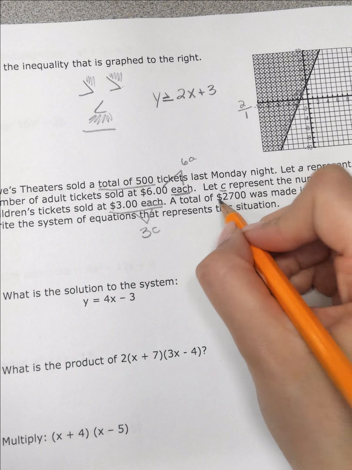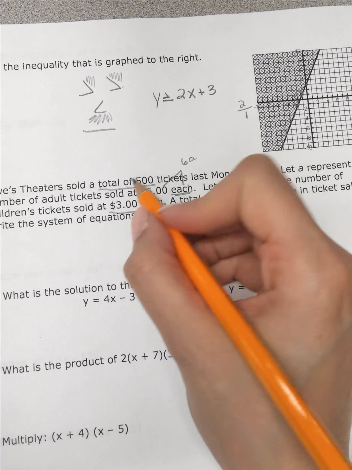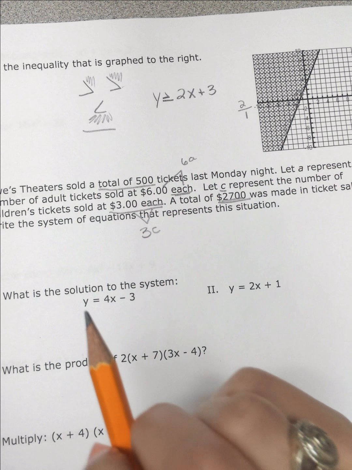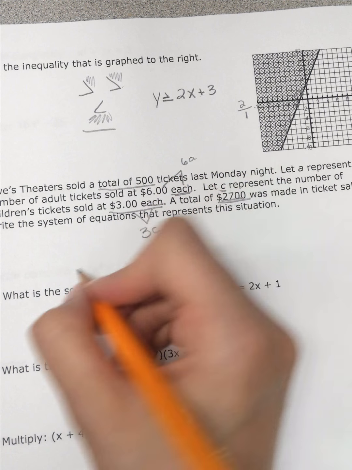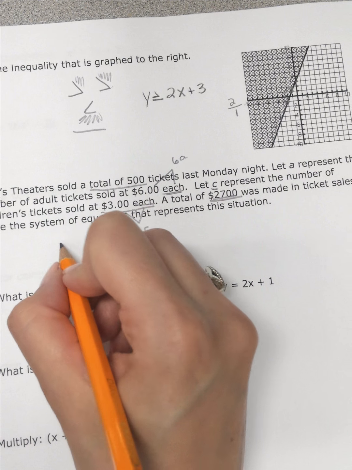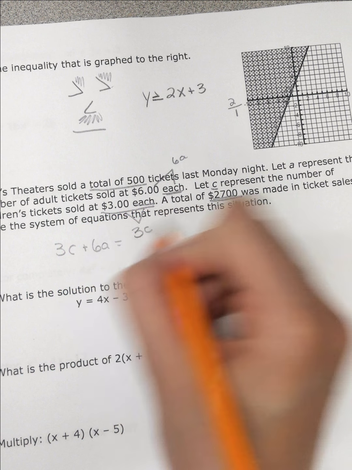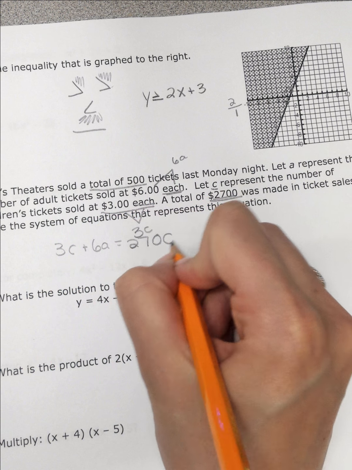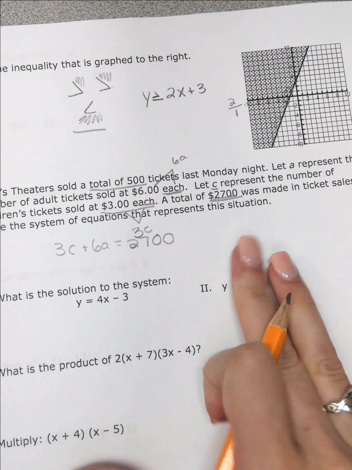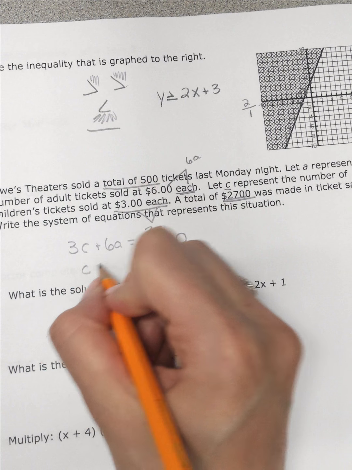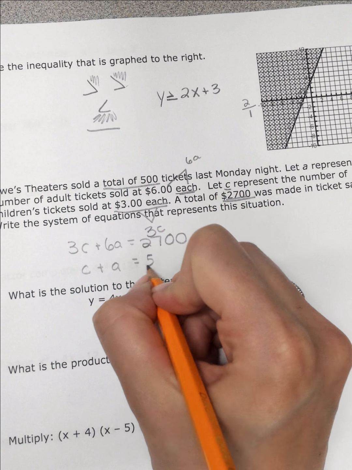And the total was $2,700. So we have two totals, a total of 500 and a total of 2,700. So money, money, money. So we've got 3C because that's money. We've got 6A because that's money. And it equals 2,700 because that's money. And then just for the number of tickets, it's just C plus A equals 500.